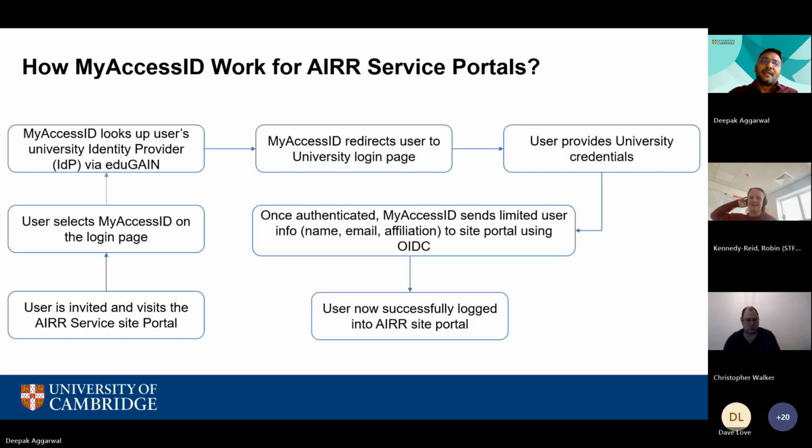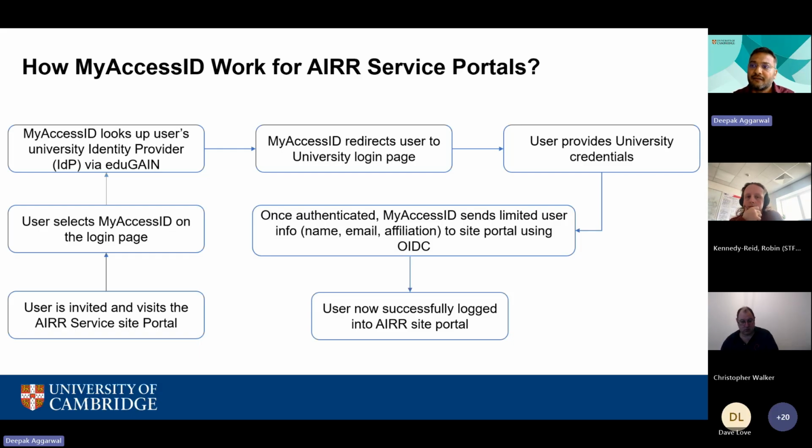Just going with a quick recap again of how we are using MyAccessID for the AIR service portal. AIR is a service which we are running as one of the sites for providing the AIR resources. The other site is University of Bristol. There is a project management portal which is based on Waldur.